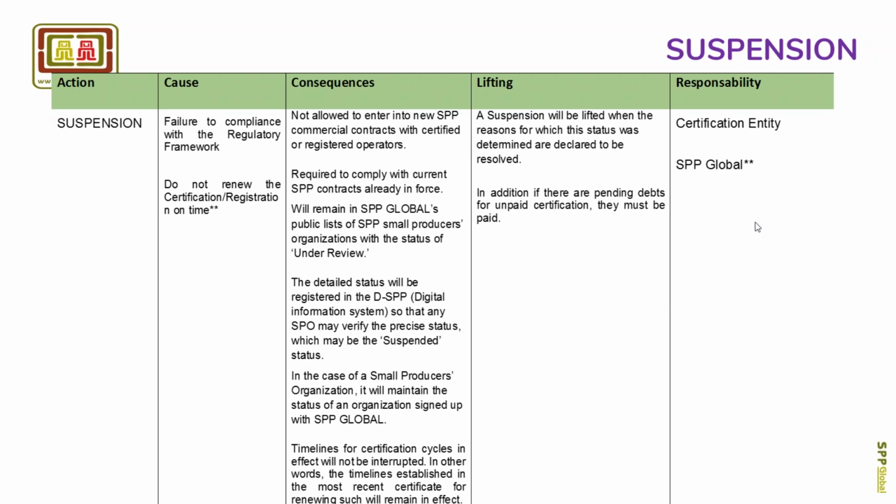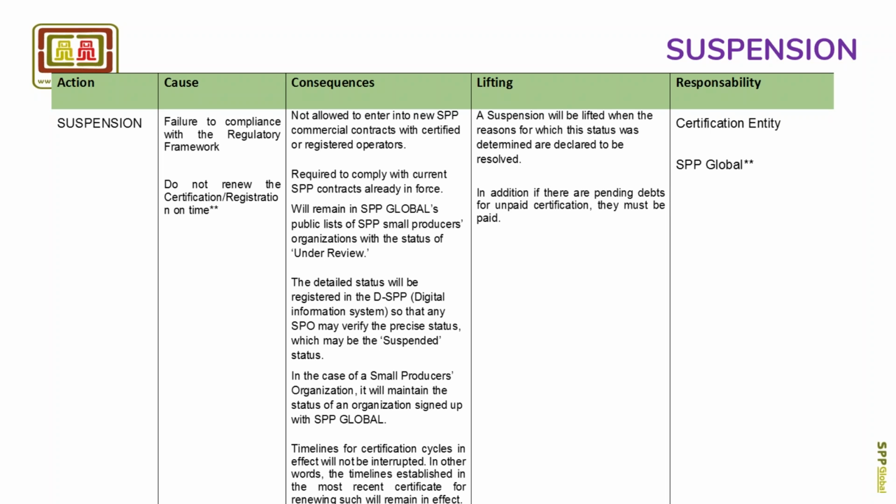The consequences are that the organization is not allowed to enter into new SPP commercial contracts with certified or registered operators. It is required to comply with current SPP contracts already in force. It will remain in SPP Global's public list of small producer organizations with the status of under review.